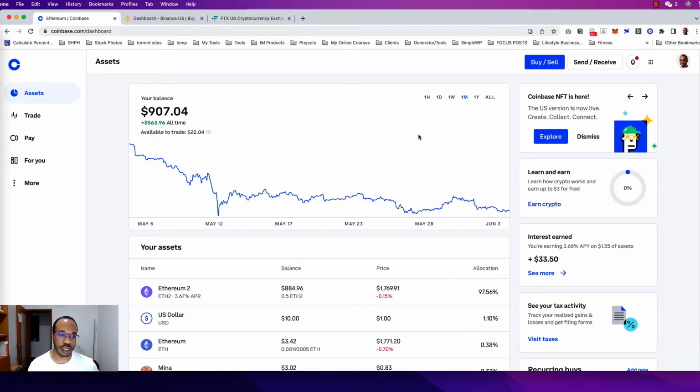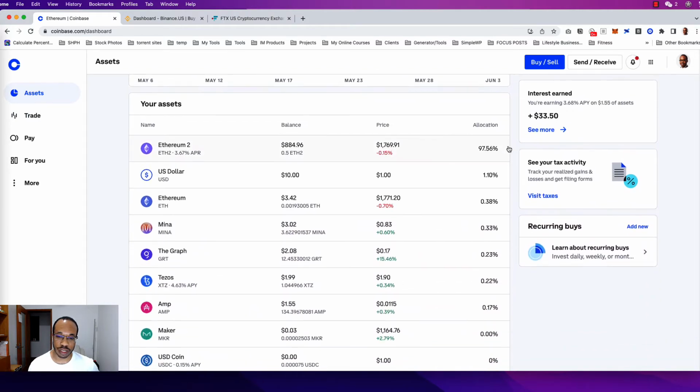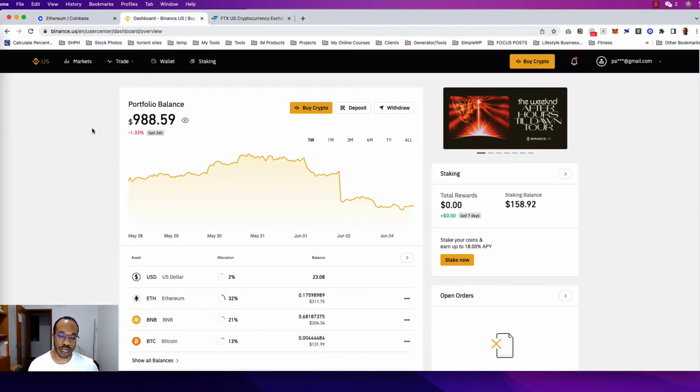If you see here, the Coinbase dashboard has a nice clean layout. The left side gives you some easy options for looking at your assets and then trading, and then you can try to navigate these things. I have videos about how to navigate this dashboard. On the other hand, you also have the dashboard of Binance.us.